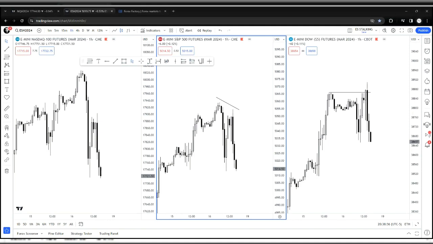So if you have SMT between Q1 and Q2, then more times than not you're going to have AMD, right? And if you have SMT between Q2 and Q3, then more times than not you're going to have XAMD, right? You understand now? So the whole time, yes, SMT is very important, but you already know we have sequential SMT and we have more than that, right? And that's literally how you can get in sync with price action.